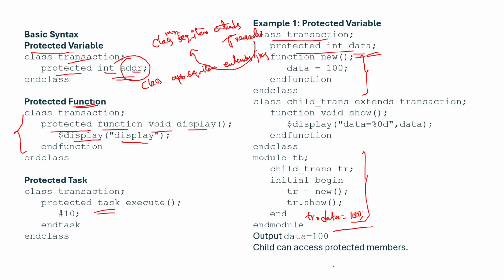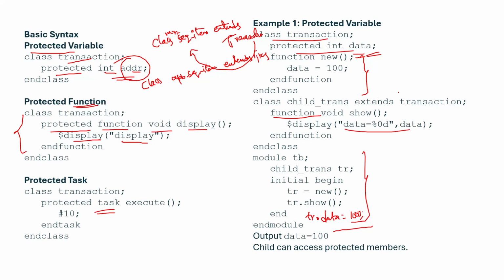So how are we accessing the data here? See, I'm using this method, right? So this data I'm displaying in my method, because the child can access this protected data, right? Class child transaction extends transaction. That means child transaction I'm taking from my parent. So in that I'm writing some method. Function void display or show, print, whatever method name you want, you can write.